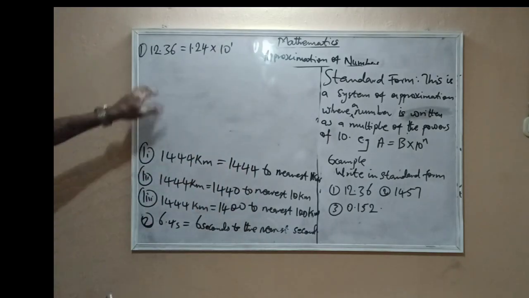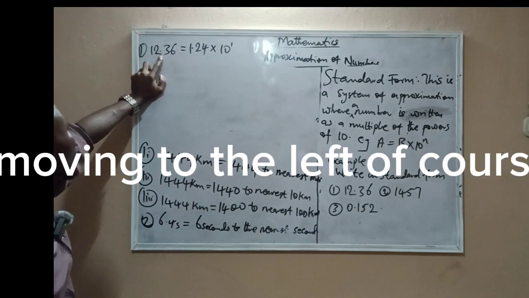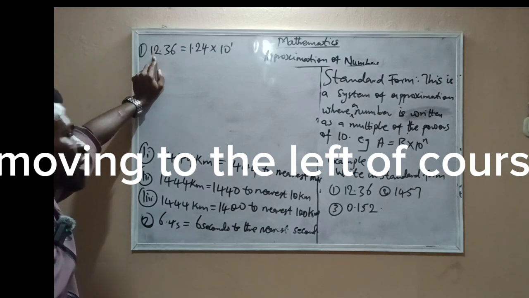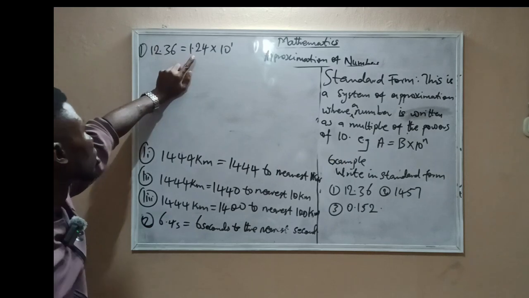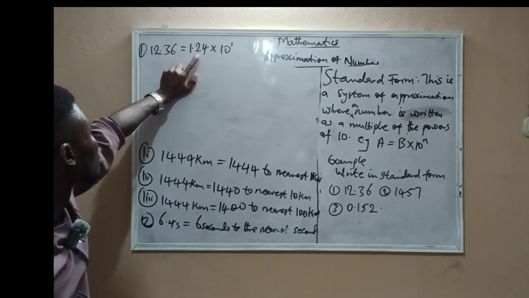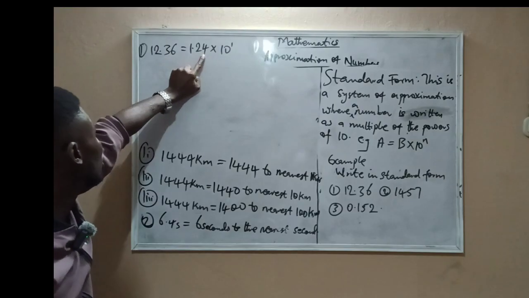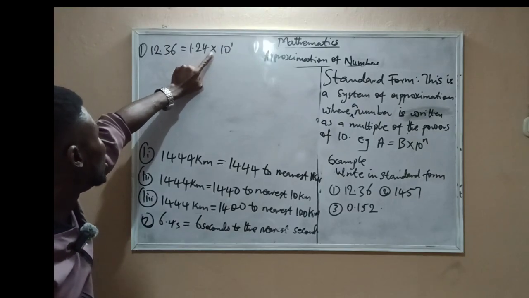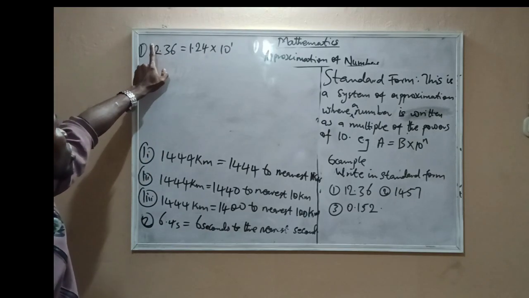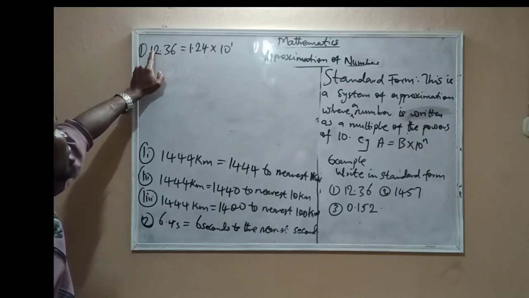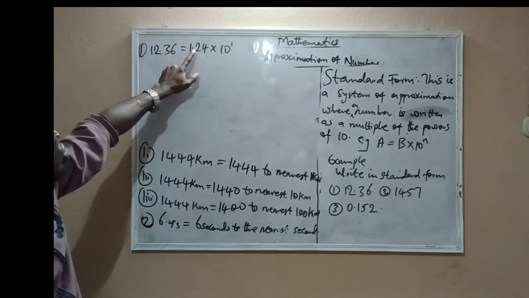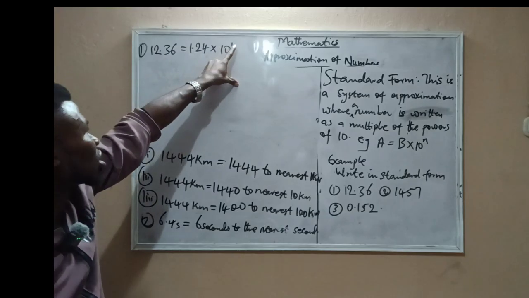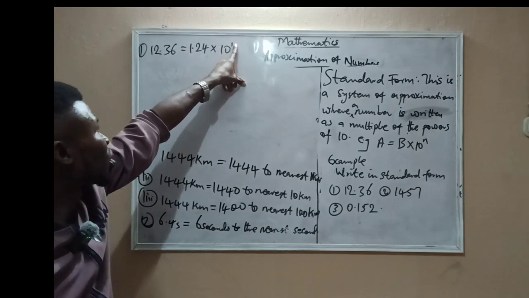How? The point is moving to the left. It was in 2 decimal places, that's why we left it in 2 decimal places. The point only moved once, so it is 10 raised to the power of 1.